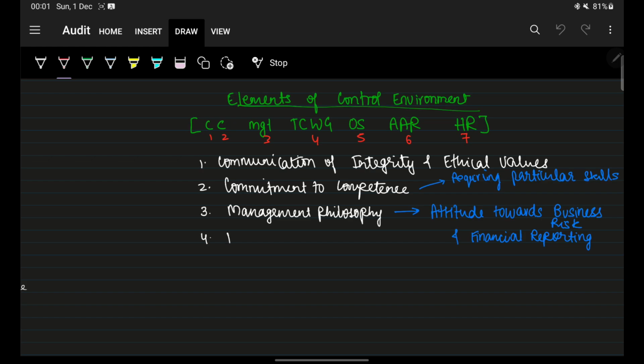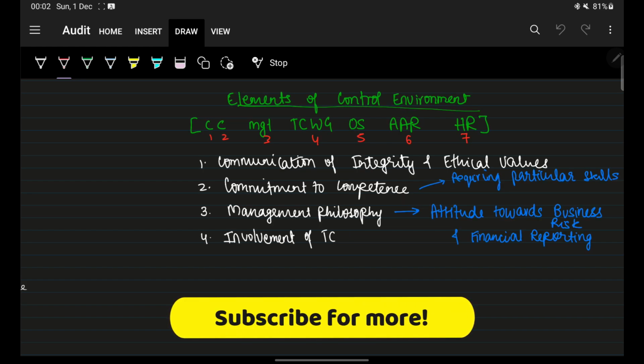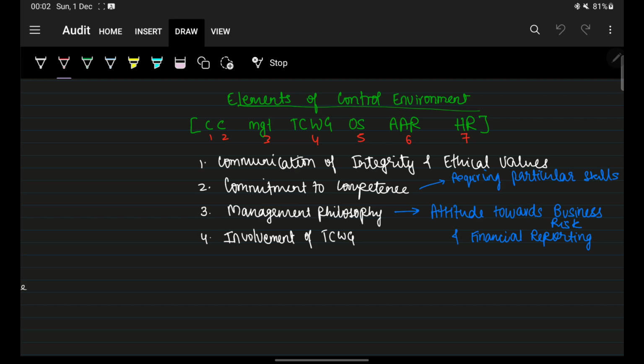Next we saw TCWG. What did we see with regard to those charged with governance? We saw how much they are involved, right? So involvement of those charged with governance. In this also we had seen some subpoints. That is with regard to how much involvement they have, right?